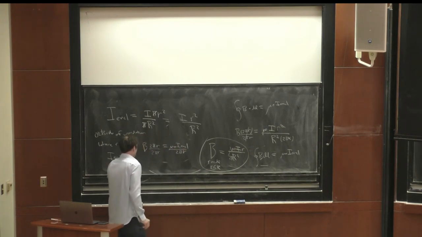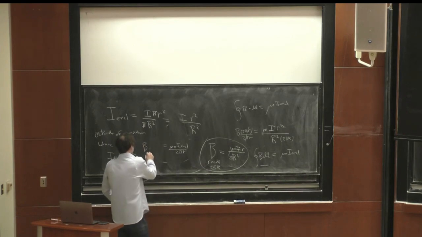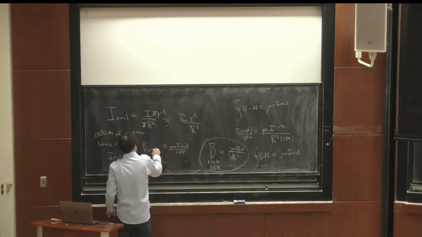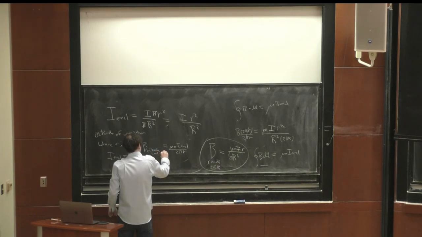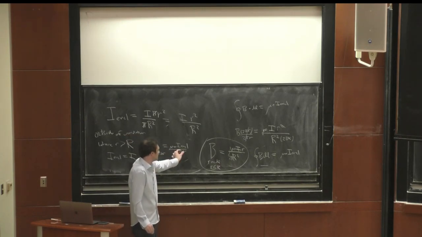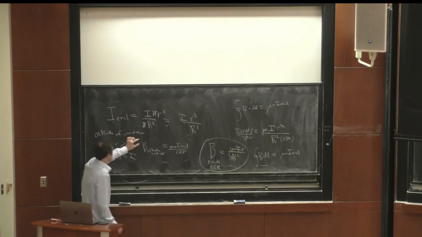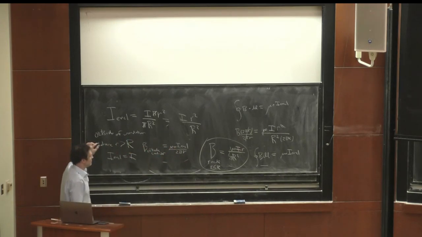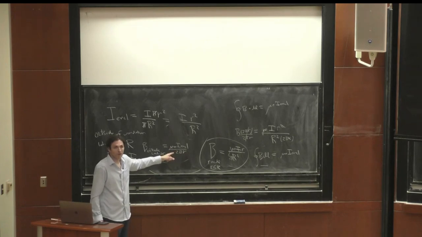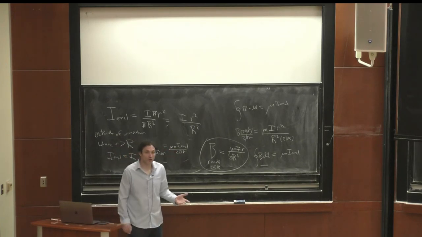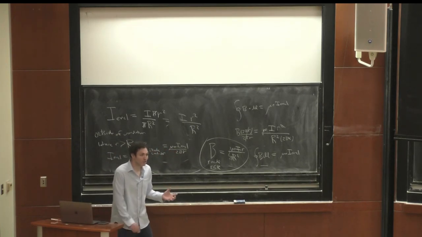And so the value of the B field outside the conductor is going to fall off as R gets bigger. As R gets bigger and bigger, this gets smaller and smaller. But it doesn't fall off as quickly as for a point charge.